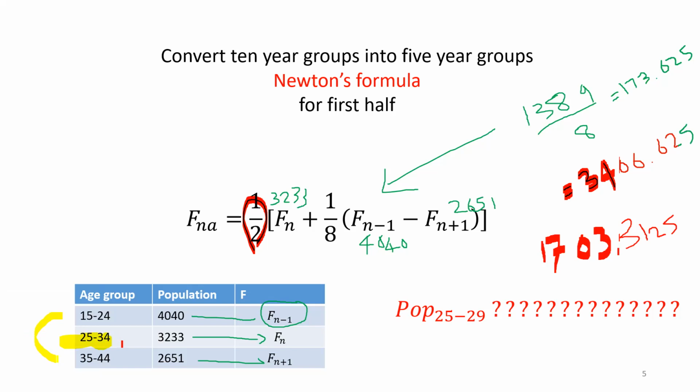To find out the first half of the age group 15 to 24, you should have the 10-year value of the age 5 to 14 age group. Likewise, you need the previous case value also. That's why I use it. Then this is the value for the range 25 to 29, the first half of this 10-year group. Okay, I think you have understood that. If you have a question, you can ask.